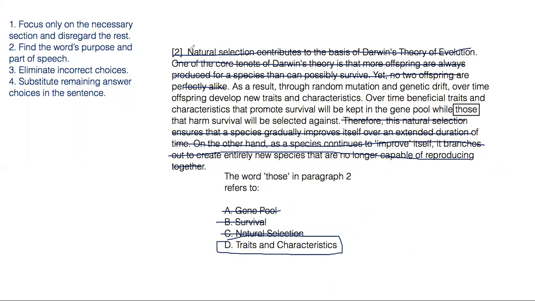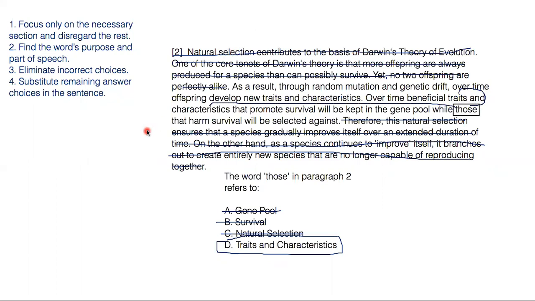And now if we look back to double check and make sure that it makes sense, you see that earlier on in the sentence we are talking about traits and characteristics, and it makes sense that you would use a pronoun to restate that so you're not saying traits and characteristics twice in one sentence. So using these 4 strategies, we have successfully answered this kind of reading question.